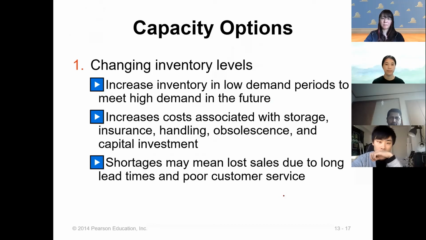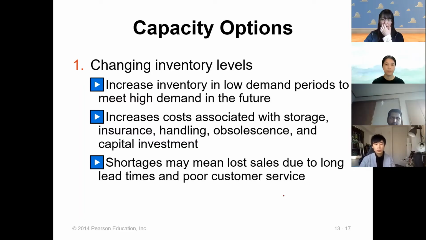So we have these so-called options. Okay, this is part of the strategy. In terms of capacity options, you can change the inventory levels. So inventory levels, you can increase them in low demand to meet high demand in the future. That means during a low demand period, you produce more so that you can meet the other high demand.